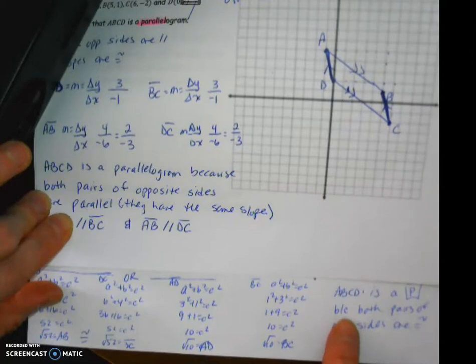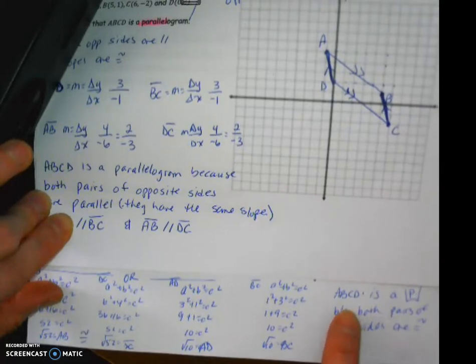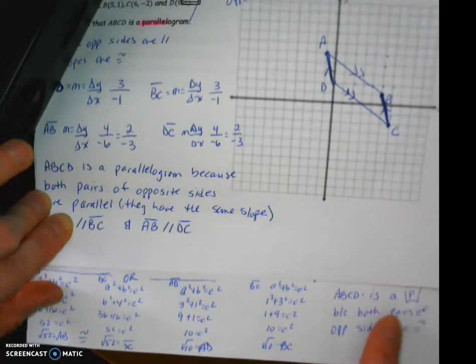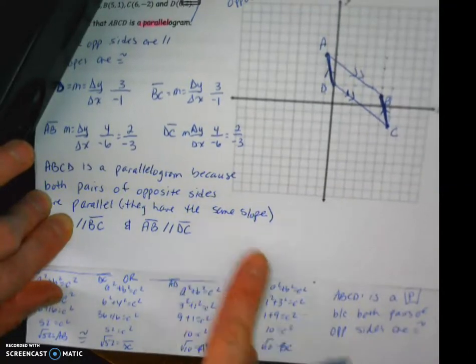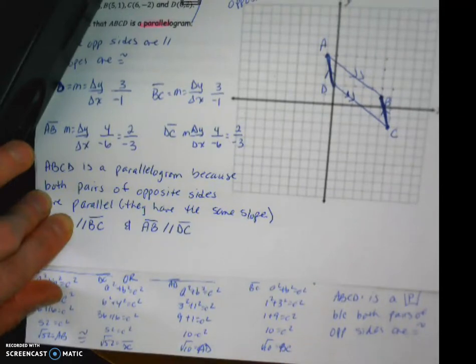So then your statement, if you wanted to do it this way, would have been ABCD is a parallelogram because both pairs of opposite sides are congruent. So either way is fine. You don't have to do it both ways. I'm just giving you options.